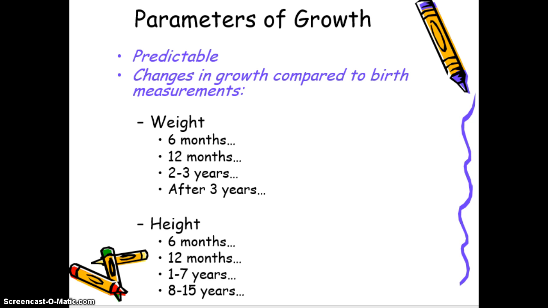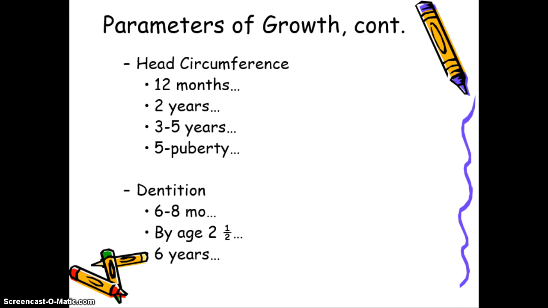Typically after 3 years we see about a 4 to 6 pound weight gain, and then we do see increasing weights during adolescence depending upon their lifestyle and activity level, and then around 8 to 15 years we see height increasing by about 2 inches. As far as head circumference, we're really going to pay attention to that when we're looking at children, because head circumference does indicate brain growth.